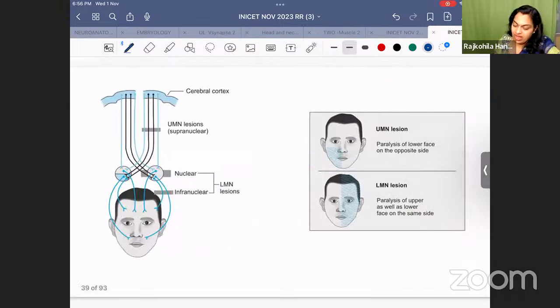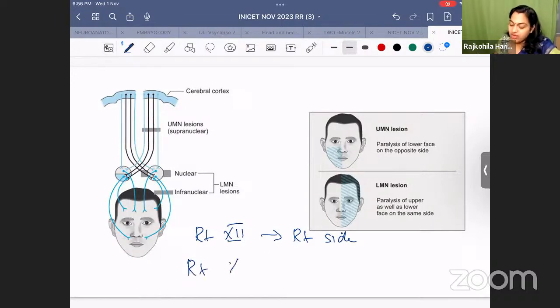And a few things that I want to discuss here. You can tell me. Injury to the right hypoglossal nerve, the tip of the tongue is going to deviate to the right or to the left? Same side. So injury to the hypoglossal nerve, the tip of the tongue will deviate to the paralyzed side.